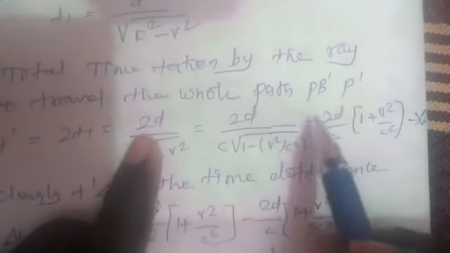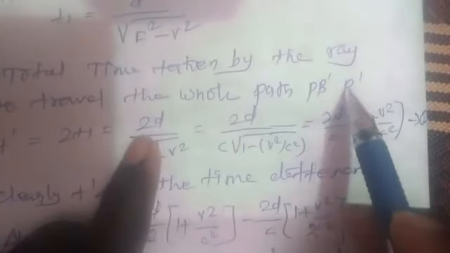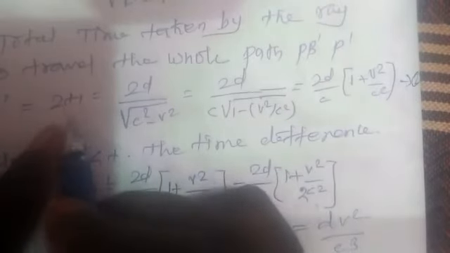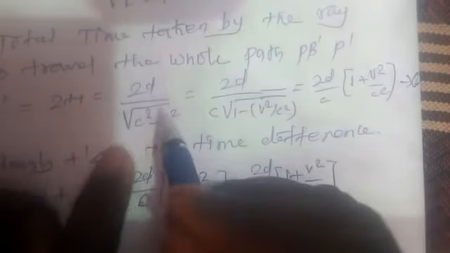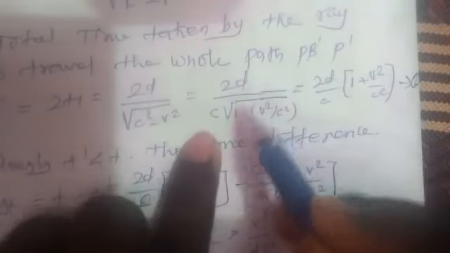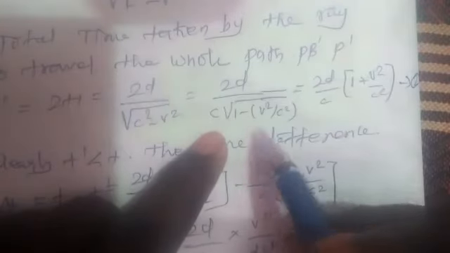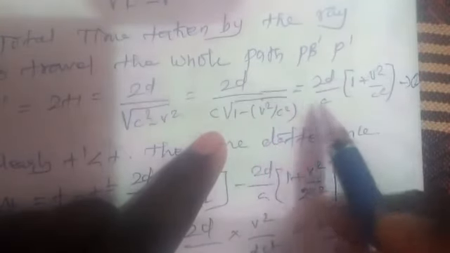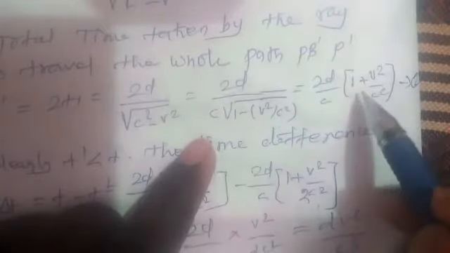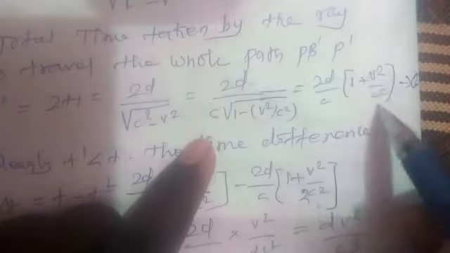The total time taken by the ray to travel the whole path is T dash, equal to 2 T1, which is 2d divided by root of c square minus v square, equal to 2d divided by c into root of 1 minus v square divided by c square, approximately 2d divided by c into 1 plus v square divided by 2c square.